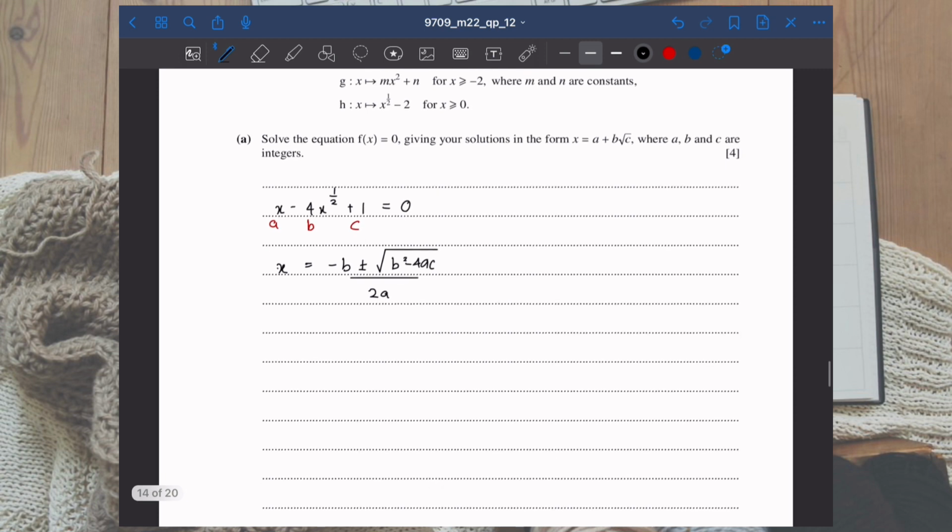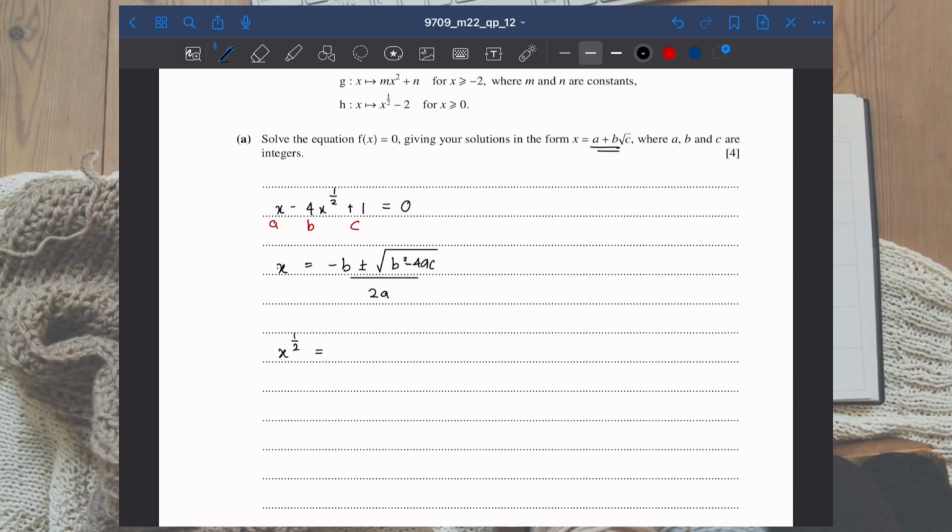So instead of x, we'll put x power half as the subject, and we will substitute in our a, b, and c values here. It's not the same as the a, b, c values here. It's just for this quadratic formula.